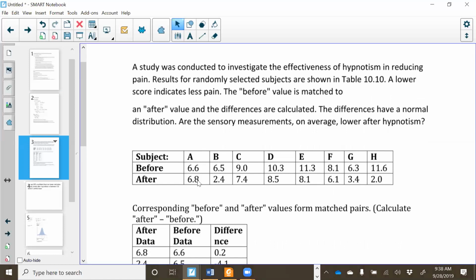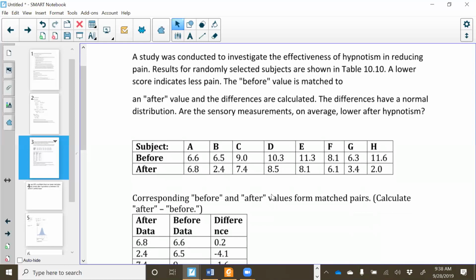This person had an increase, but all the rest of them had a decrease. The mistake people make is they say, oh, it looks like most of them decreased. Sure, there's a difference here, let's go with it. Well, as you know, samples can vary, so you have to show that it's statistically significant, or that there's a statistical difference.